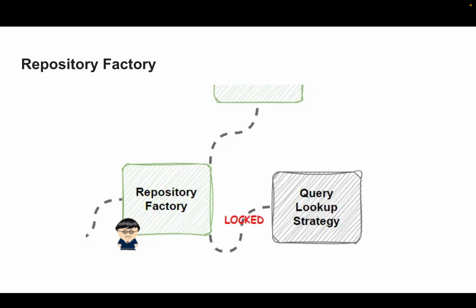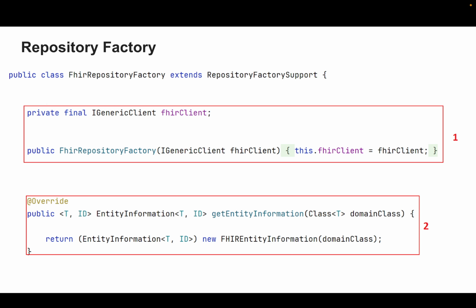The next step we are going to implement is the repository factory. The repository factory is the class that will be responsible for creating the instances of our repository. Again, to provide the dependency for our repository, it should have a reference to the FHIR client.